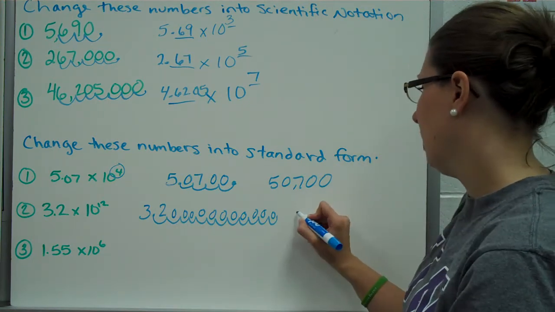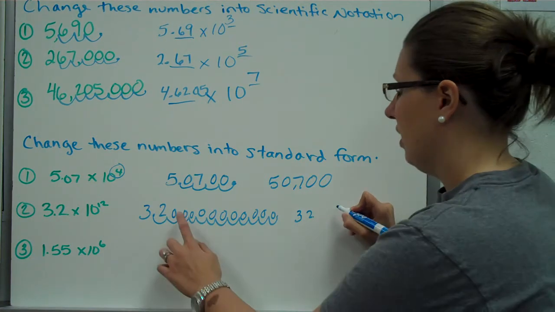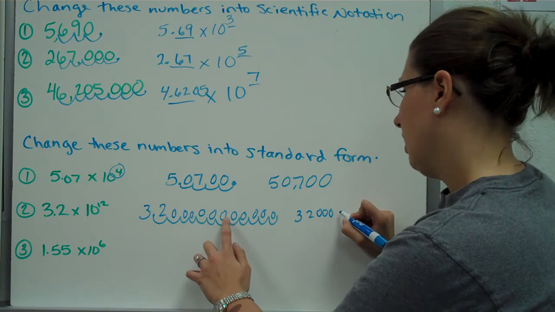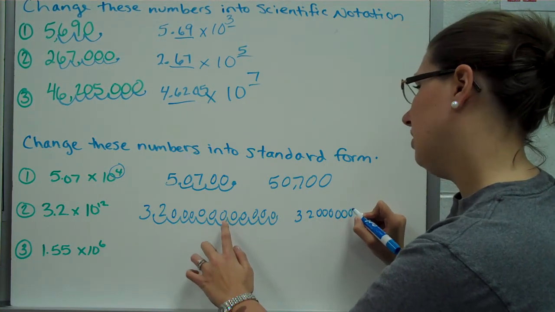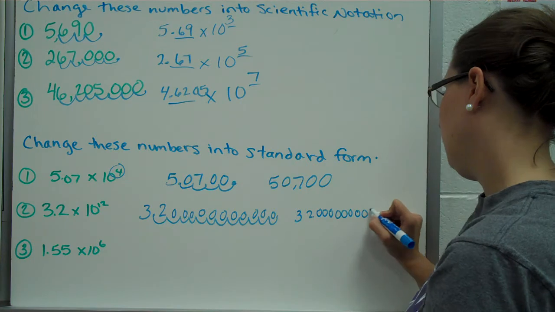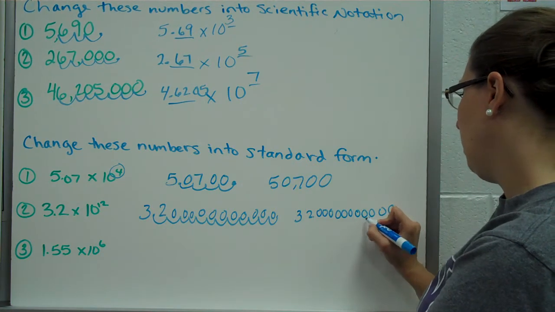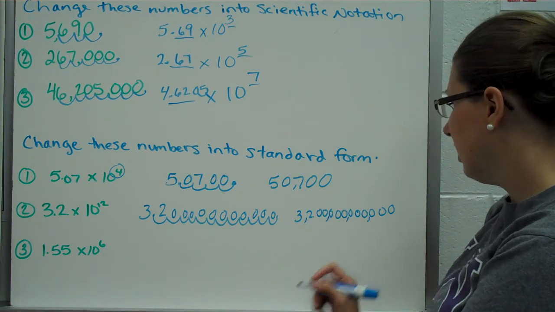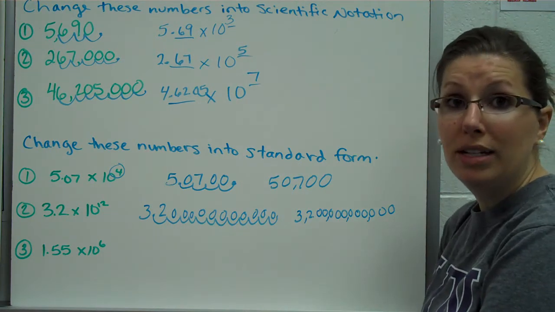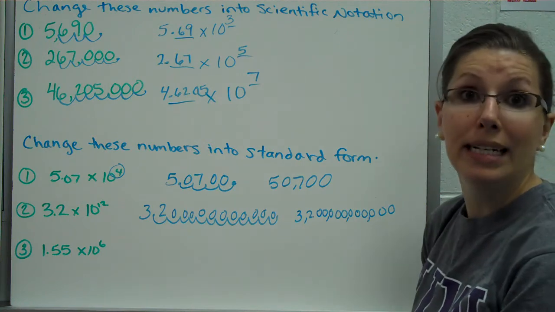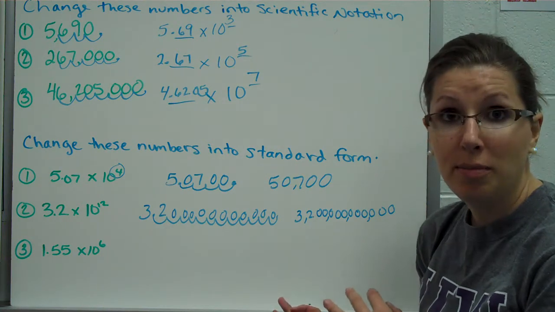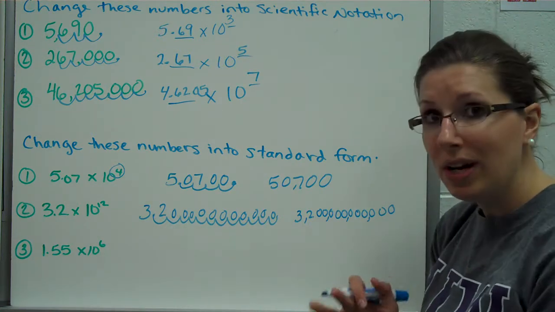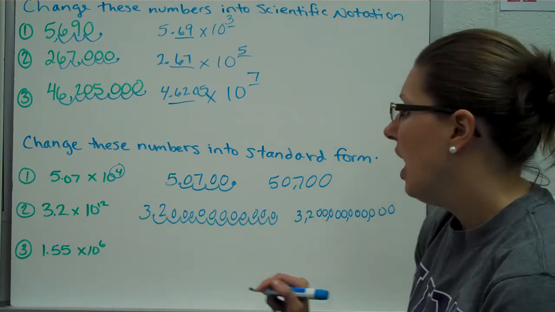Let's rewrite our number. 3, 2, and then a string of zeros. And then you can add commas to see how big this number is. So it looks like it's 3,200,000,000,000. That's a very large number. And you can see that scientific notation helps us shorten those really big numbers.